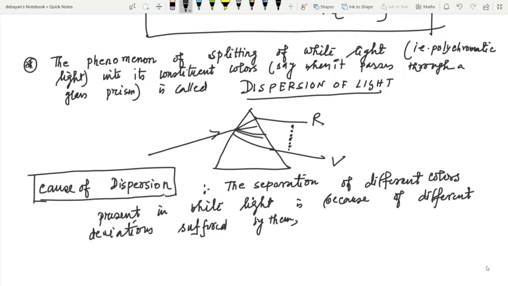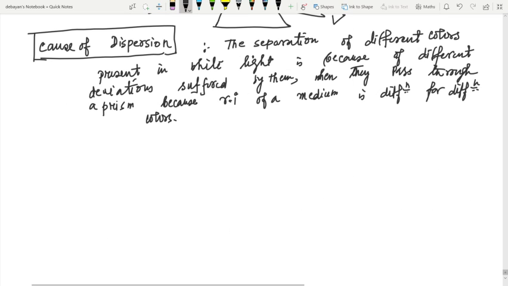So there is a formula by which we can explain it clearly, that is Cauchy's formula.